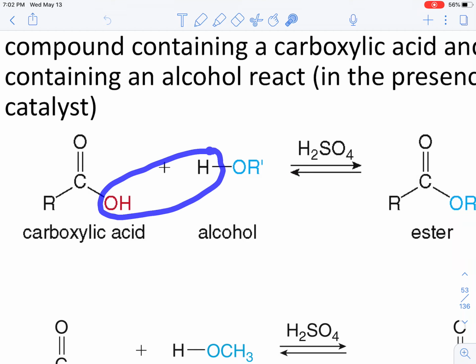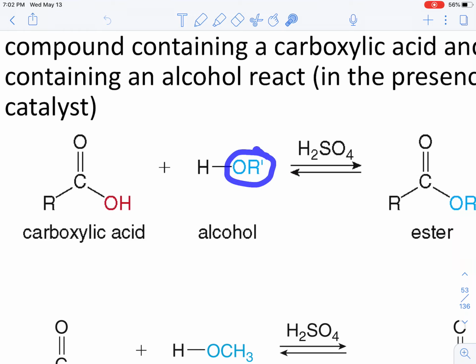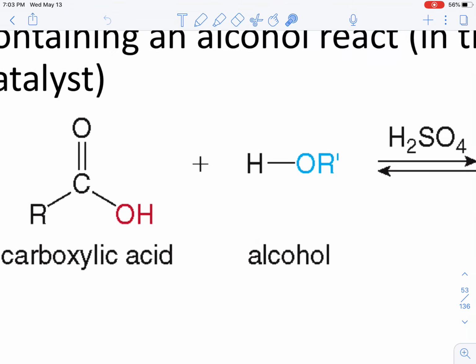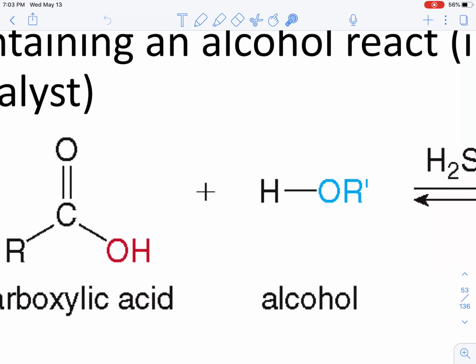And when this OH is gone, that's going to allow the OR, this oxygen that's covalently bonded to another alkyl chain, to be covalently bonded to this carbonyl carbon. Just so that you guys can understand how this reaction works, I'm going to redraw it so you can see how the electrons change during the course of the chemical reaction.